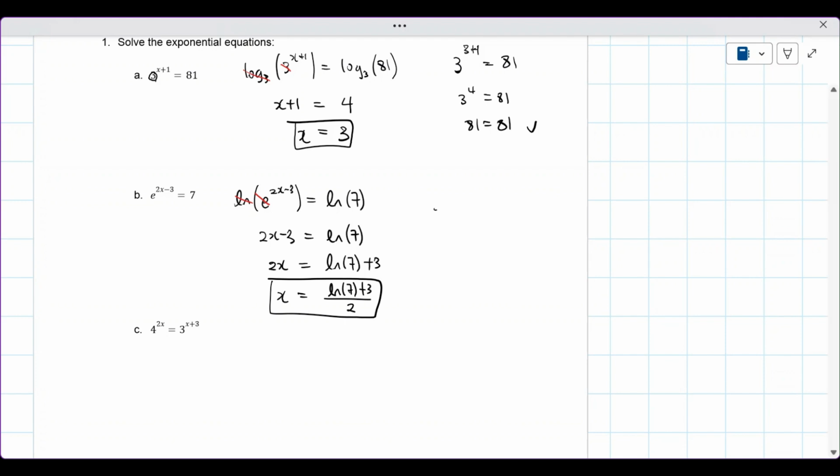Once again, let's check the answer by plugging in the values. 2 times ln of 7 plus 3 over 2 minus 3 is equal to 7.